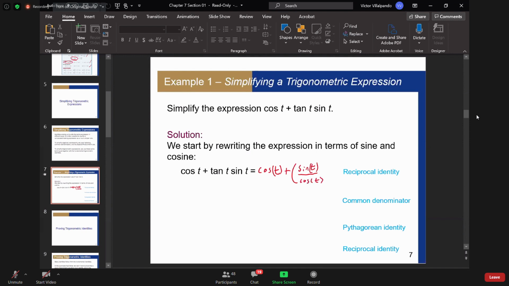Maybe you don't like parentheses, so you may write it without them, but I see too many letters, so I put my parentheses, and then my reciprocal identity. I'm still missing times sine. I want to push that a little bit to the side, just so I have a little bit of space to write times sine of t.